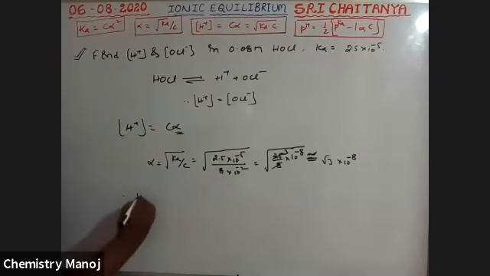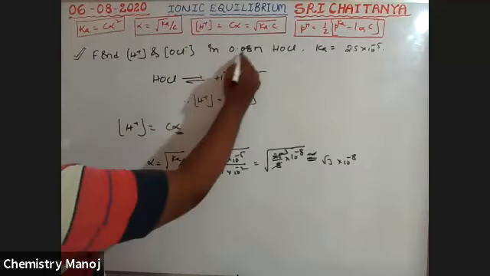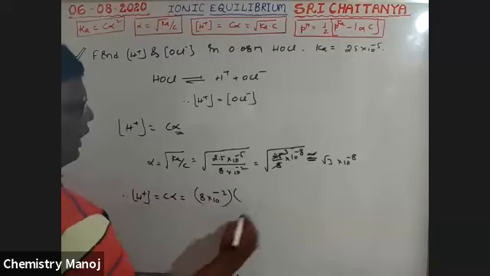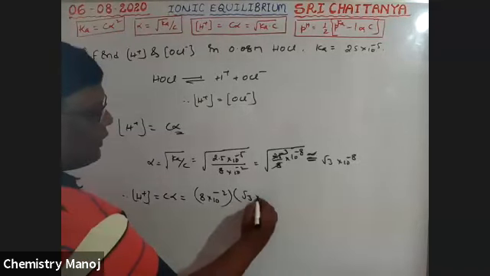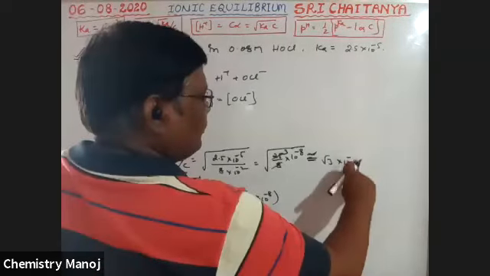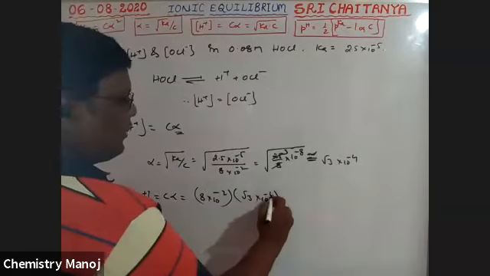Therefore, H plus concentration is equal to C alpha, where C is 8 into 10 power minus 2, and alpha value is root 3 into 10 power minus 4. Sorry, it is 10 power minus 4.